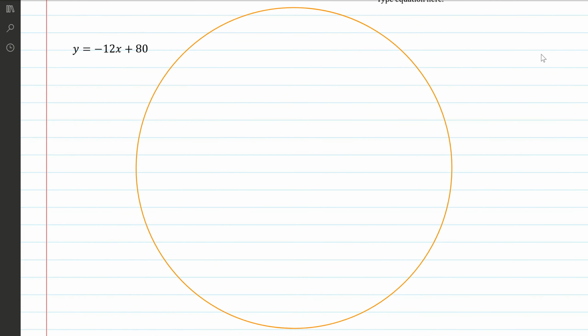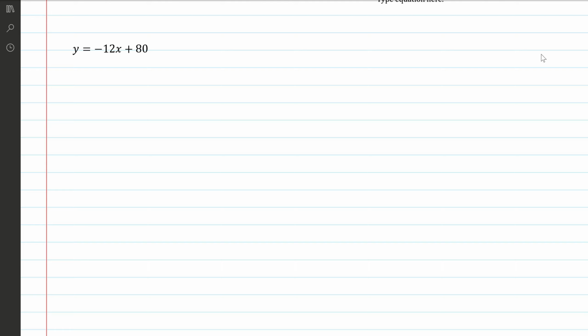So for our particular problem of Al emptying the swimming pool, that negative 12 is the slope, and that 80 is the y-intercept. So the y-intercept is where our graph crosses the y-axis, so it crossed the y-axis at 80.